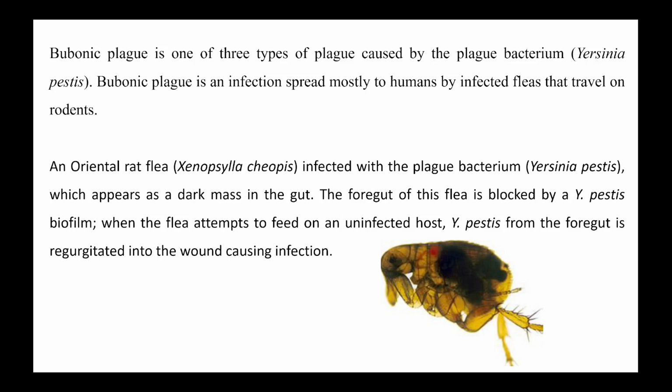If we have individual bacterial cells, it is easier for certain enzymes or certain medicines or drugs to break down those bacterial cells. But when they form biofilm, it gets more difficult for the chemical agent to attack the cells. So here also Yersinia pestis forms the biofilm in order to survive in the gut of these insects.